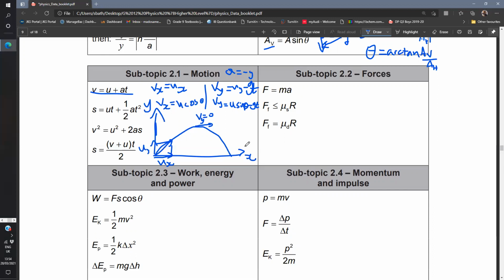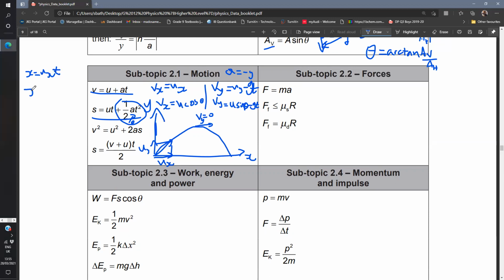Now we're going to be looking at the x and y displacements. Starting off with x, we're going to look at this equation now. First of all, we have no acceleration, so for x, that will be equal to 0. So we don't have to write this whole side. It's basically equal to ux t.